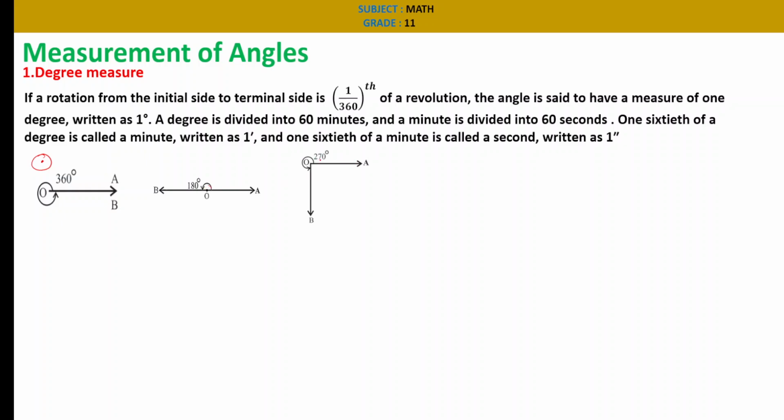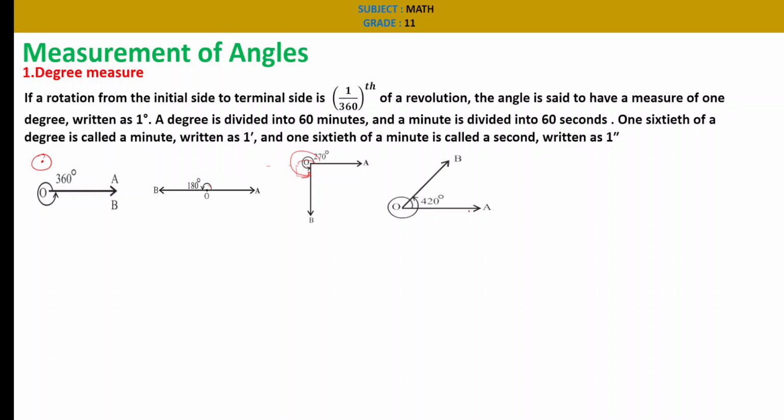From A we are coming anti-clockwise and making a rotation of more than 180, so 180 plus 90. If we extend this line this is 180 and this angle is 90. So 180 plus 90 is 270 degrees. Therefore AOB is 270 degrees.